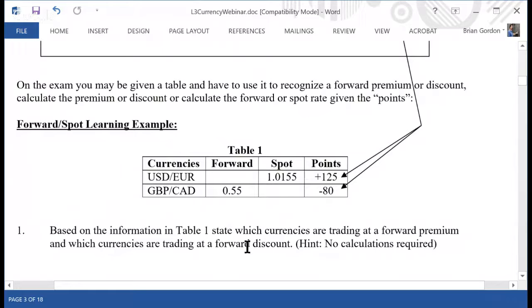In question 3, could we work from the forward back to the spot? We certainly could. Just remember, the key is to do the math correctly. The spot is equal to the forward, and then we subtract the points. We've got to make sure we do the math correctly.